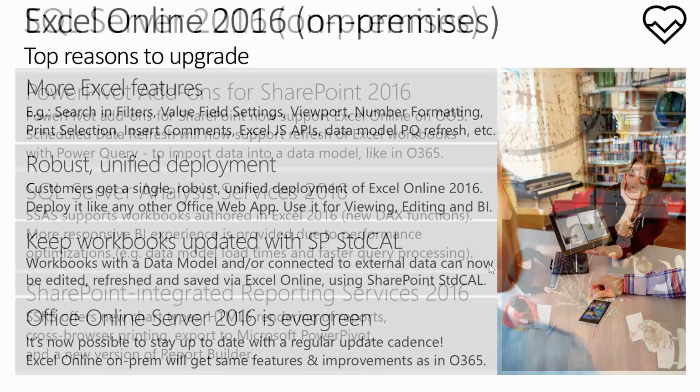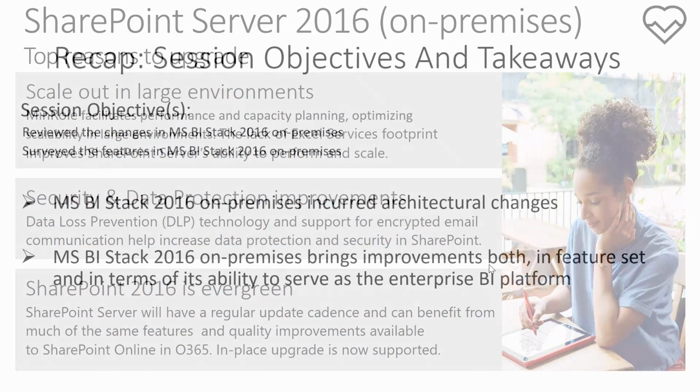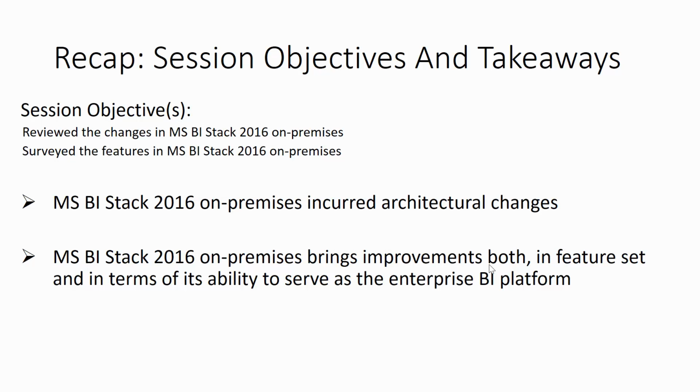So that is it. If we just recap quickly on what we have seen in this session, we've seen the architectural changes together with SKU changes and terminology changes that occurred in the new version of the Microsoft BI stack. And we have quickly reviewed the features and the changes in the existing feature set that transpired in this new version.